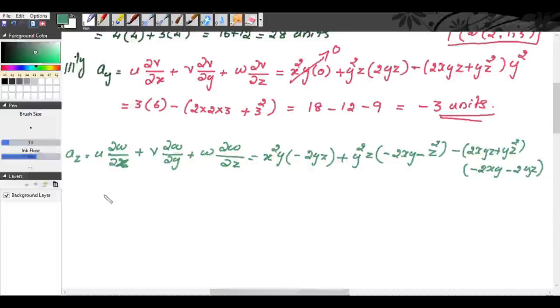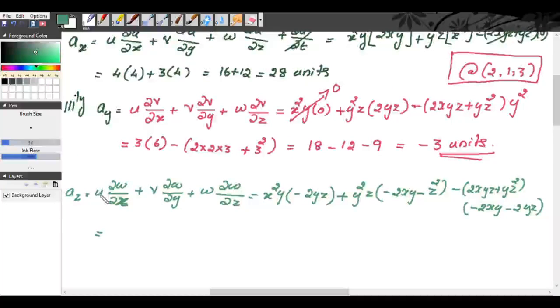So substituting the values, we get x is 2. So 2 square is 4, y is 1 into minus 2 into 3, we get 6 minus 6. Plus y is 1, z is 3, 3 into minus 2xy, that is minus 4, minus 3 square is 9, minus 2 into x is 2, right?